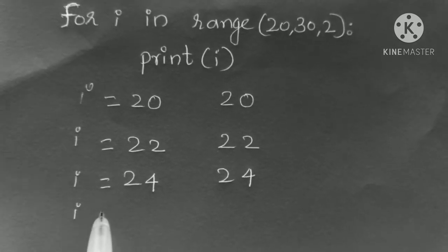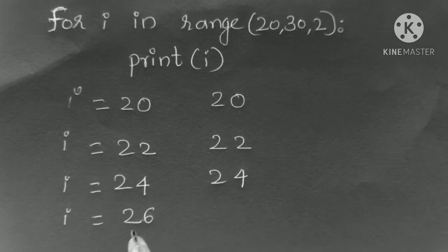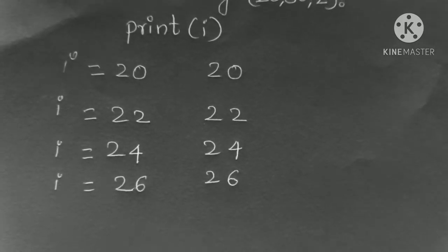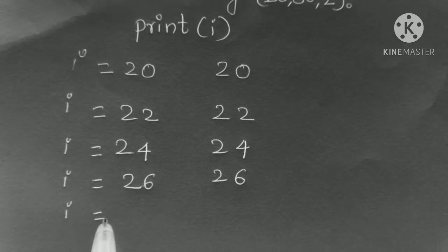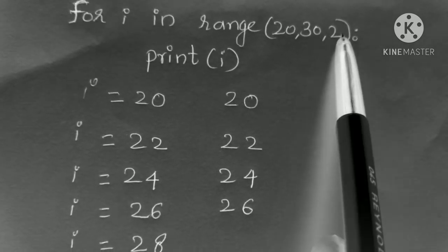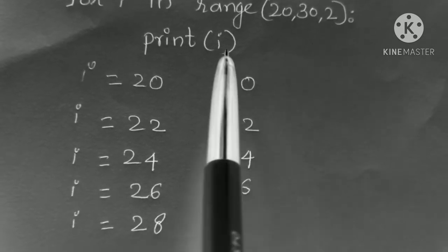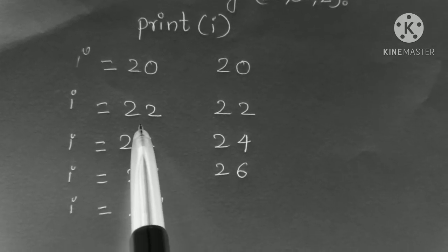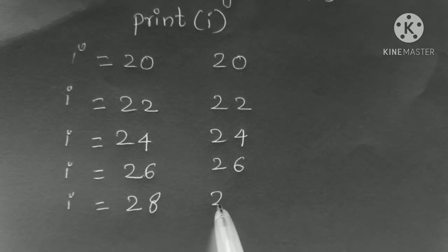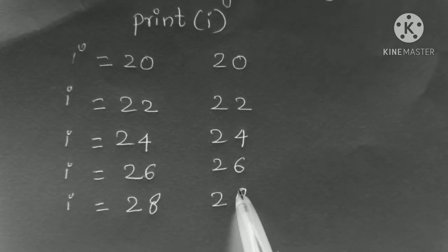Next time I is equal to 26, so it will print 26. Next time I is equal to 28, because each time the value of I is incremented by 2. That's why the values are 20, 22, 24, 26, 28. So it will print the value 28.